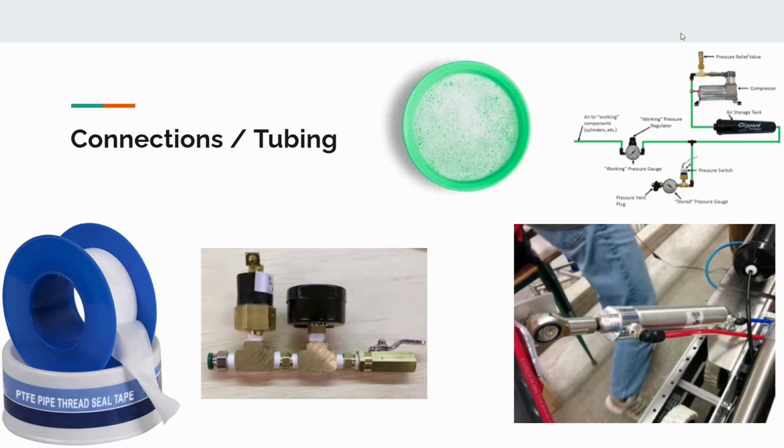The basic structure for your loop is pictured in the top right here. You have your compressor that compresses directly to your storage tank, which then splits off to your release and pressure switch, and to a valve with a regulator on top of that. The regulator is basically just a little knob that you can turn to change the pressure on the loop.